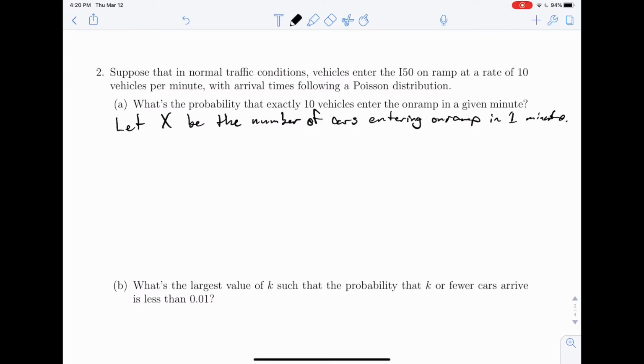Okay. Then we suppose that it's Poisson with rate lambda equals 10, so 10 vehicles per minute. So x is distributed as Poisson 10.